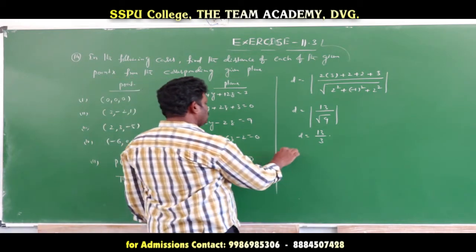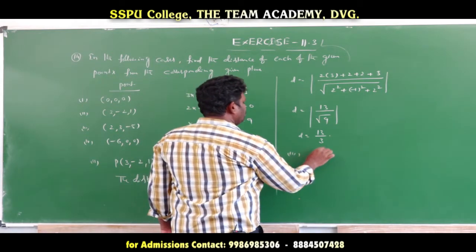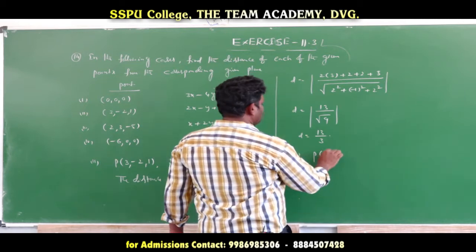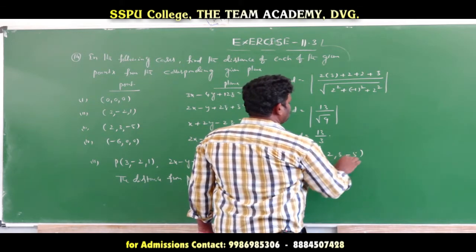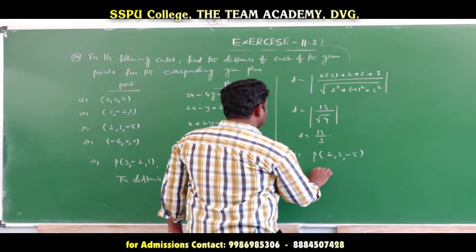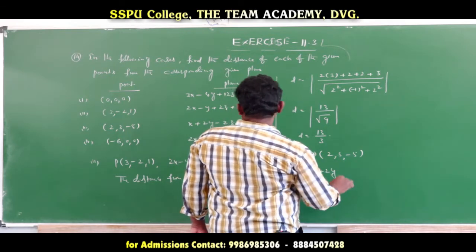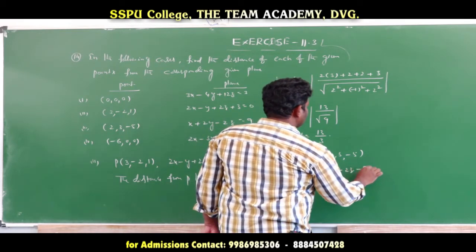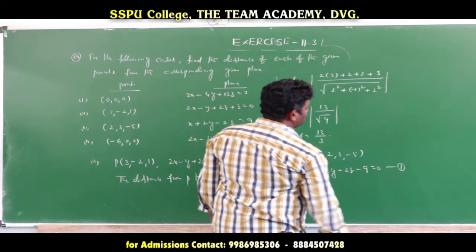And the third one, what is given: if you take the point P, 2 comma 3 comma minus 5. The plane equation is x plus 2y minus 2z minus 9 is equal to 0.